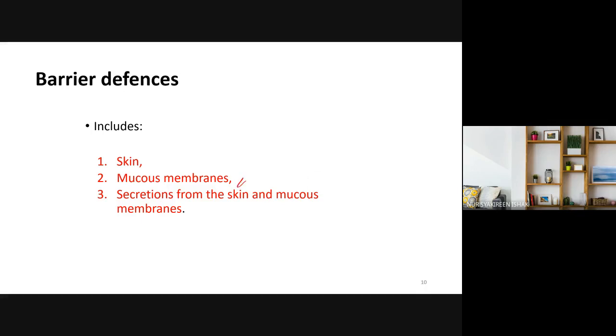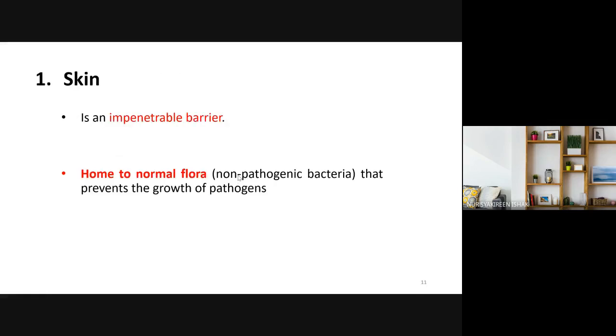From skin, you have the sweat, for example, or the oil. Okay, so skin is an impenetrable barrier. So it is home to the normal flora, which is non-pathogenic bacteria. So when this normal flora grow on your skin, this prevent the growth of the bad bacteria, the growth of the pathogen that will cause disease.